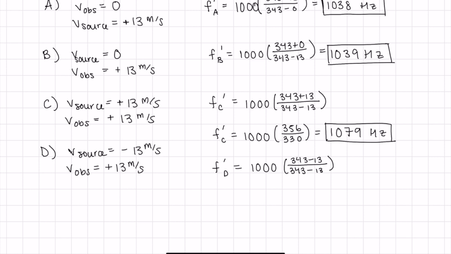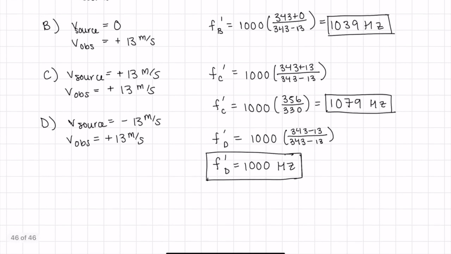We're going to get 330 over 330, so our FD prime would be equal to 1,000, which is what we would expect because one's moving away and one's moving towards the other, but they're exactly moving at the same velocity, so the amount that it's shifted when it leaves the source will be unshifted when it reaches the observer. Essentially is all what that's saying.